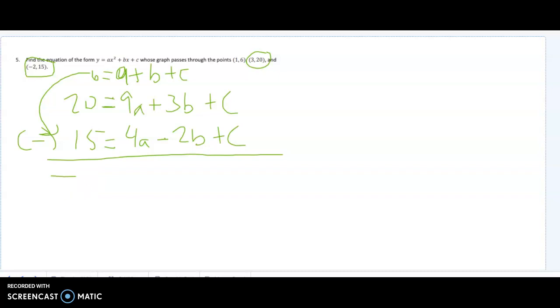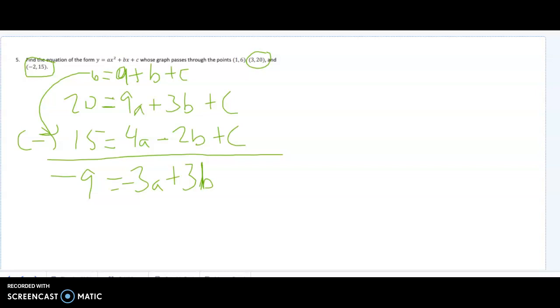Negative 9 equals, oh, that's a minus, that'd be negative 3a plus 2b plus 3b. And that gets rid of our c, because it's c minus c. So that is nothing. So there's no c.